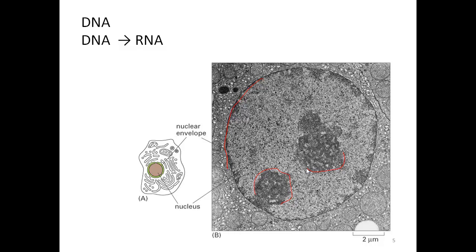Not only is the information stored here in the nucleus by the DNA, this is where DNA is converted into an RNA molecule, when a gene gets turned on. This is utilizing part of the information to achieve a particular action. The RNA molecule that is made will then get transported out into the cytosol, where it will be used to manufacture protein.